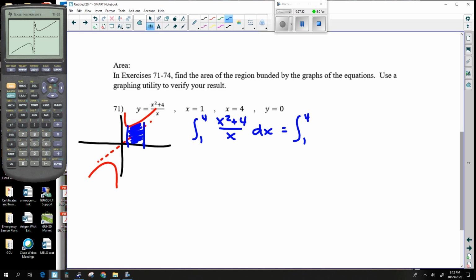So I'm going to separate it. So this is x squared over x, separate numerators, plus 1/4 of 4 over x.